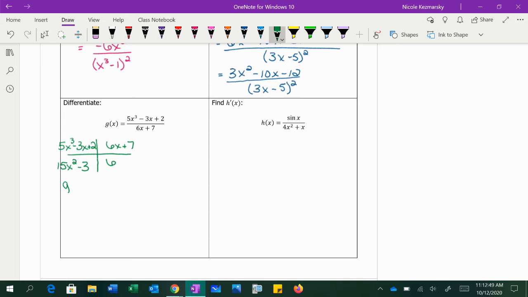So I'm going to say g prime of x, and I'm going to start with lower left to upper right, so my yellow diagonal, and I'm going to do 15x squared minus 3 and 6x plus 7. Then I'm going to subtract, and I'm going to do the other diagonal.